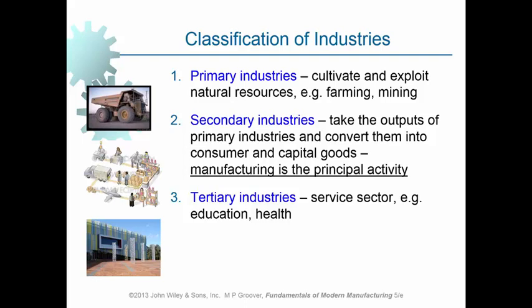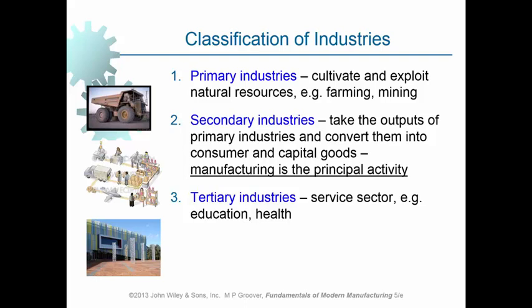A secondary industry takes the output of primary industries and converts them to consumer and capital goods. What are the examples for the secondary industry? Well, of course, manufacturing is the principal activity. Examples of secondary industries are textile and electronics.